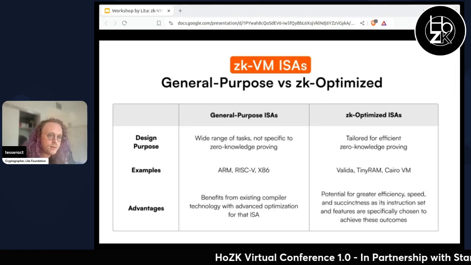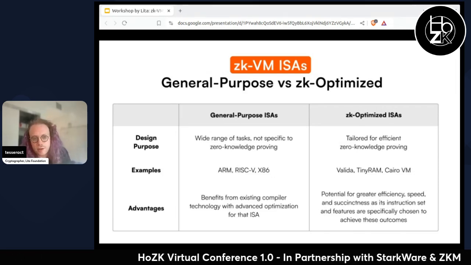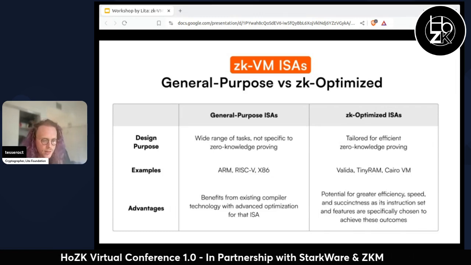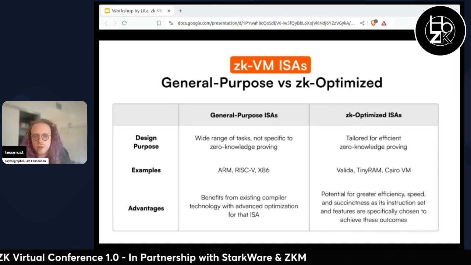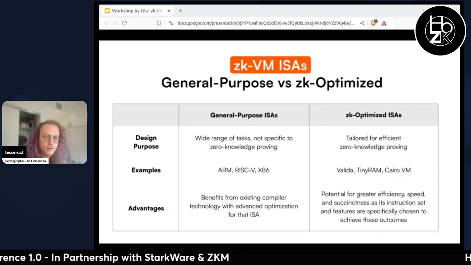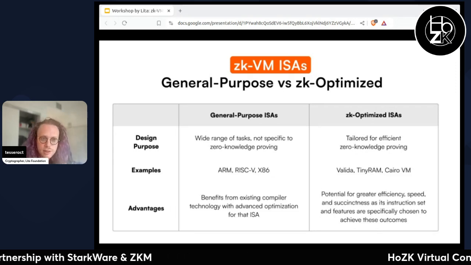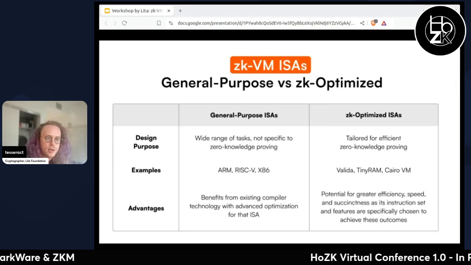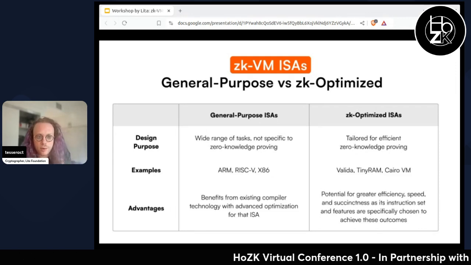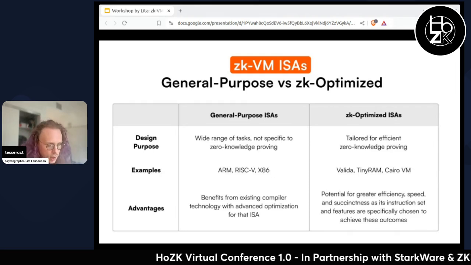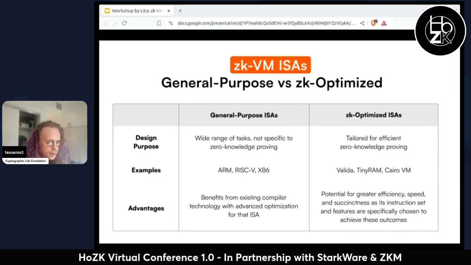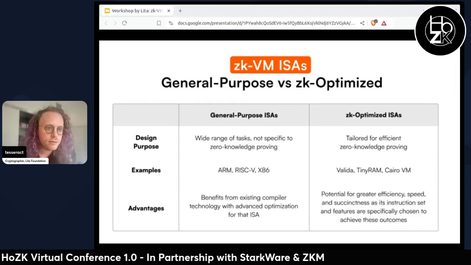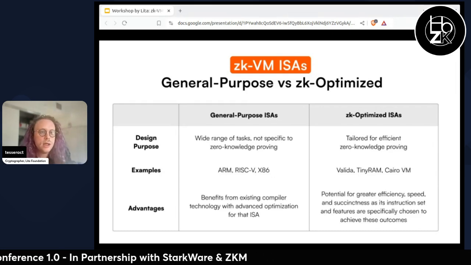However, RISC-V is not optimized for zero knowledge. And that means that it's a little overly complex relative to the simplest set of instructions that you could imagine using to encode your computations. For example, in regular computers, it doesn't really cost much to branch.